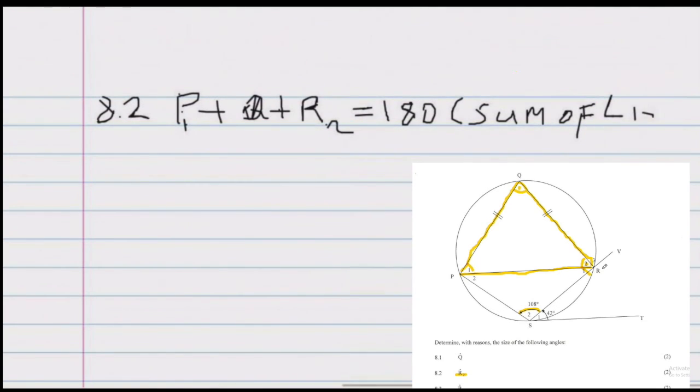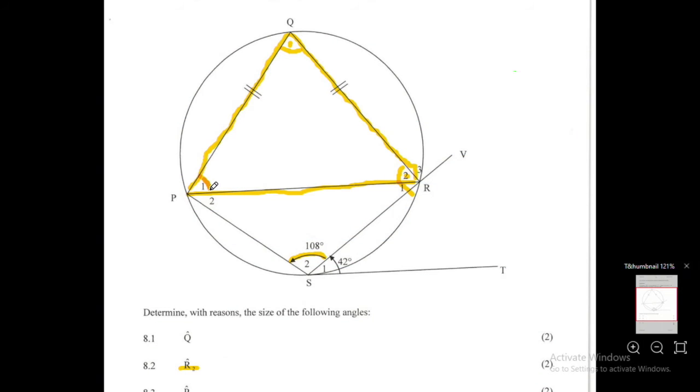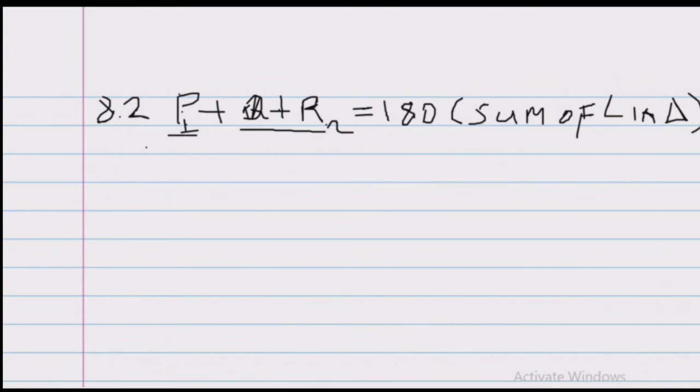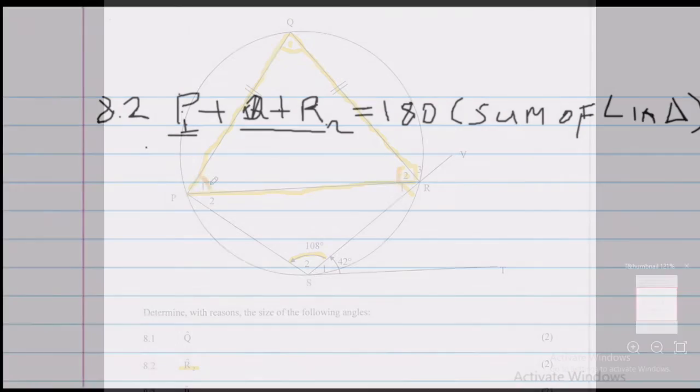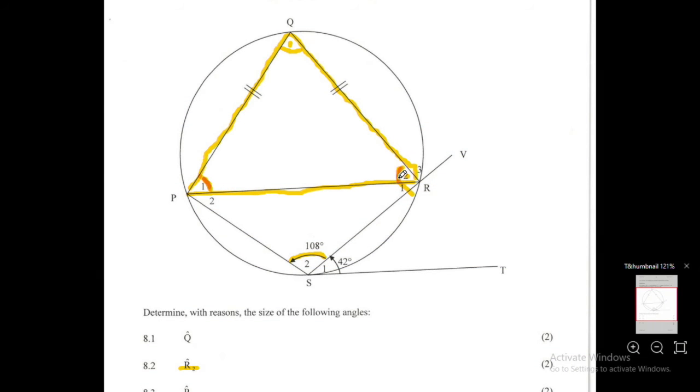Now remember, we have deduced that angle P equals angle R2 simply because they are angles opposite equal sides. So remember, we said these two angles are equal simply because they are angles between these two sides that are equal.